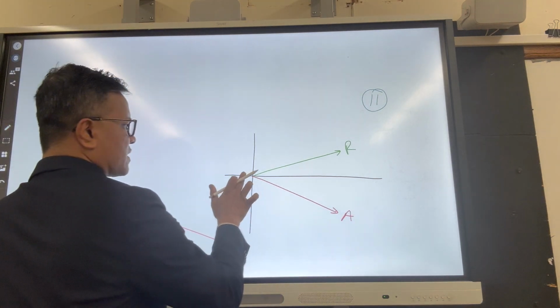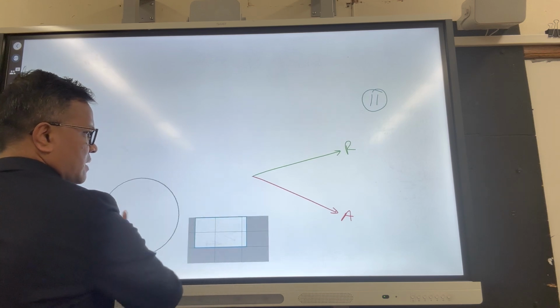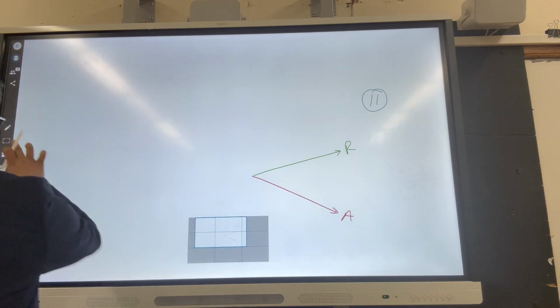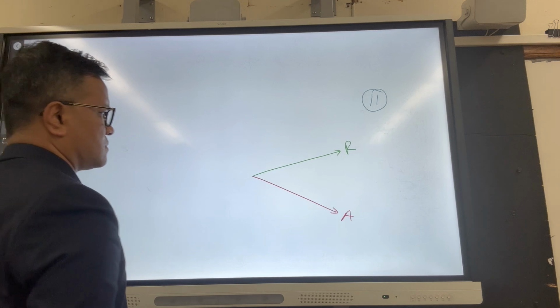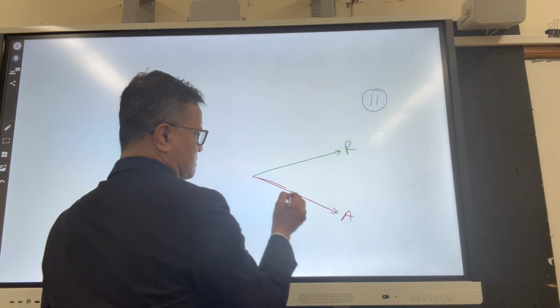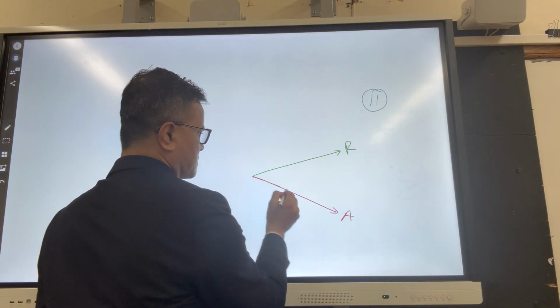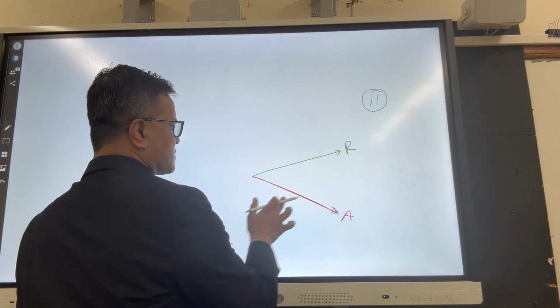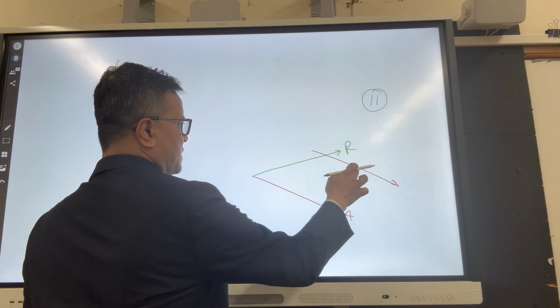Now I'm going to remove the x and y axis. Which one is B? Why don't you do the parallelogram? Make sure you use a ruler to do that.